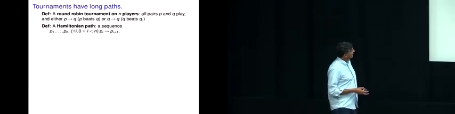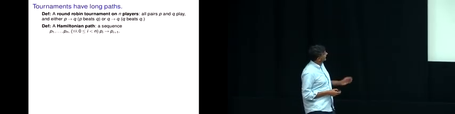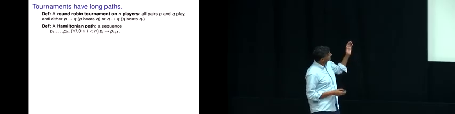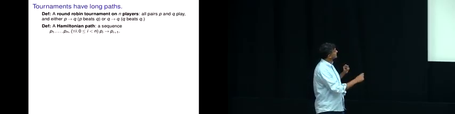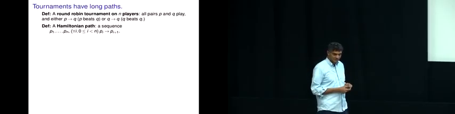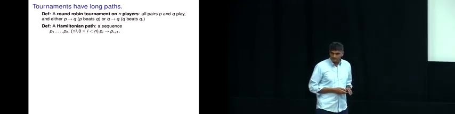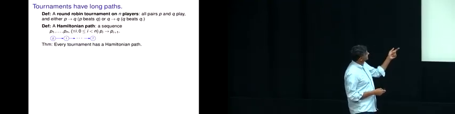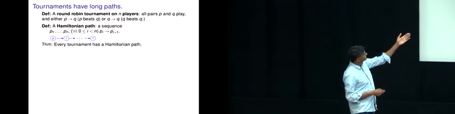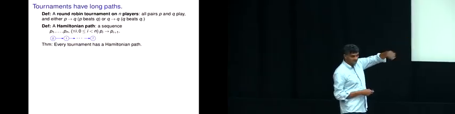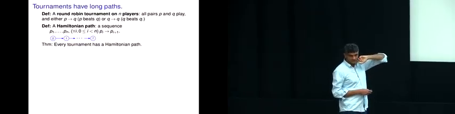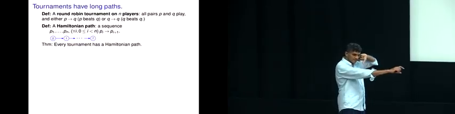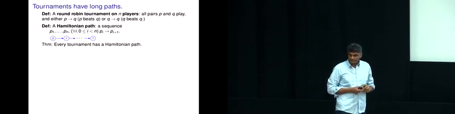So a Hamiltonian path is an ordering of a path where P1 beats P2, beats P3, beats P4, up to Pn. Okay? Like this is an example. So this is an example of a Hamiltonian path.